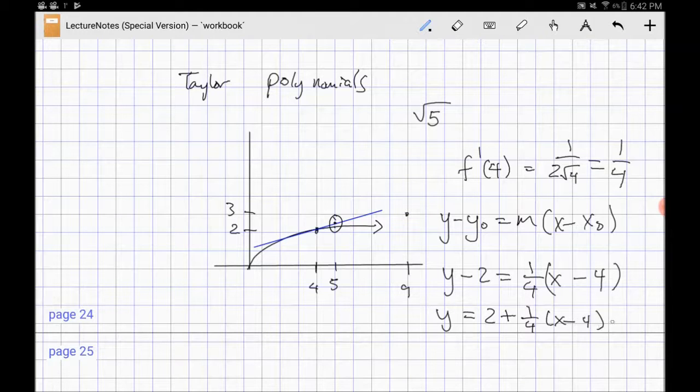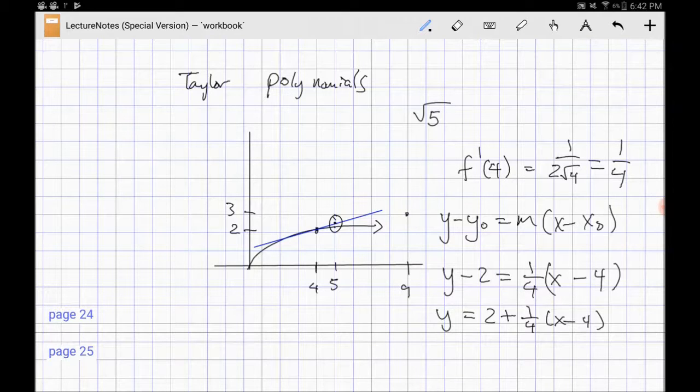This actually is what we call the first order or linear approximation, or first order Taylor polynomial, because a line is a polynomial of degree 1, and we use the line to approximate the square root of 5.